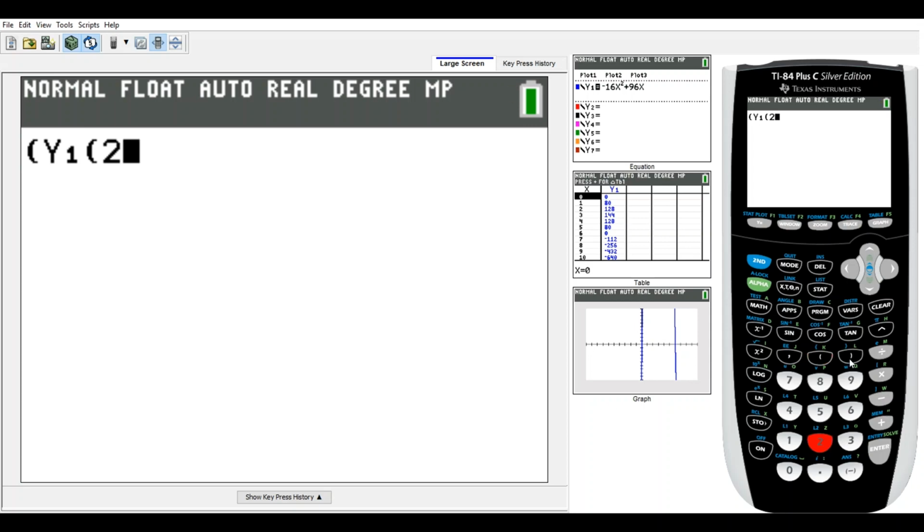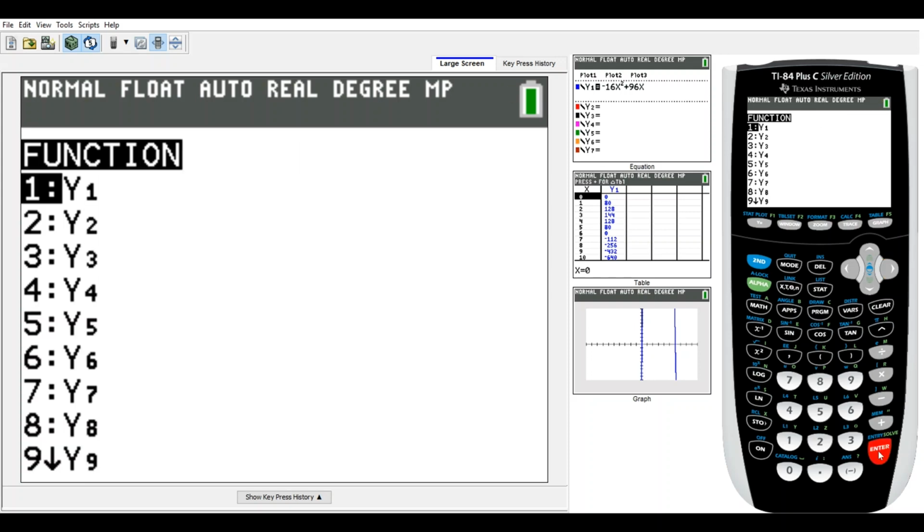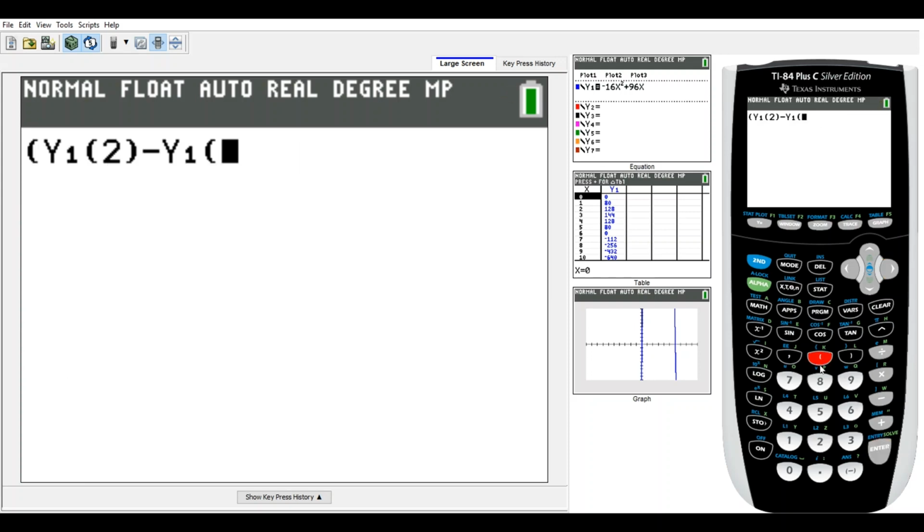So I'm going to plug 2 into it, because if you remember, our first interval on our table was from 1 to 2. So I'm going to plug in 2, and then I'm going to do the same thing, vars, y vars, function, y1, and then I'll plug in 1, and then this is all divided by 2 minus 1.